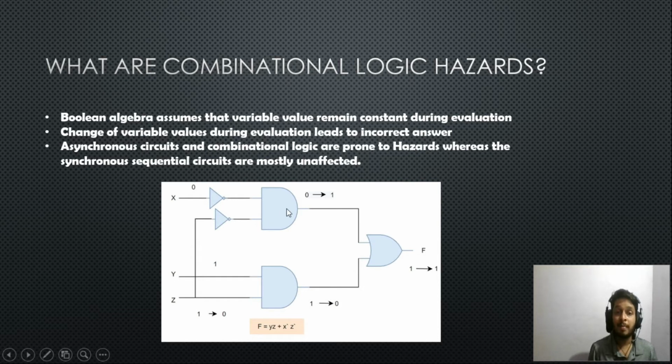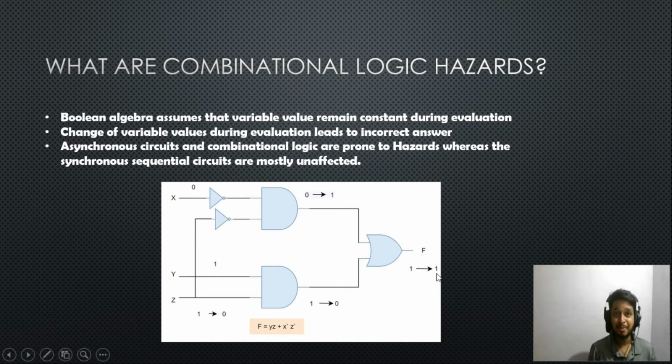But what we expect is that, since Z is 0, the input to this AND gate is actually 1 because it gets inverted here. So both inputs are 1 here, 1 and 1. The output of this AND gate is 1, and if any one input is 1, the output of this OR gate is 1. So the output stays at 1, and the next output is also 1.